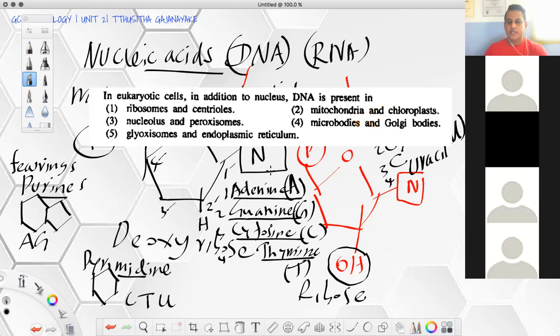Even though you haven't learned subcellular structures like organelles, in eukaryotic cells, in addition to nucleus, DNA is present in... okay, eukaryotes are nucleus containing cells. Prokaryotes are bacteria which do not have a nucleus. So where do we find DNA in addition to nucleus?